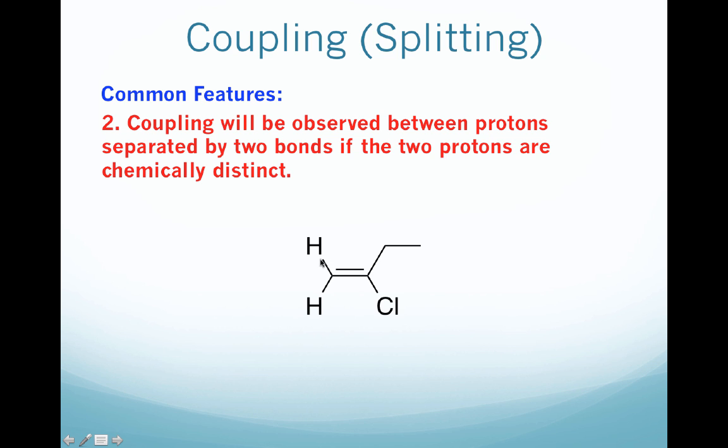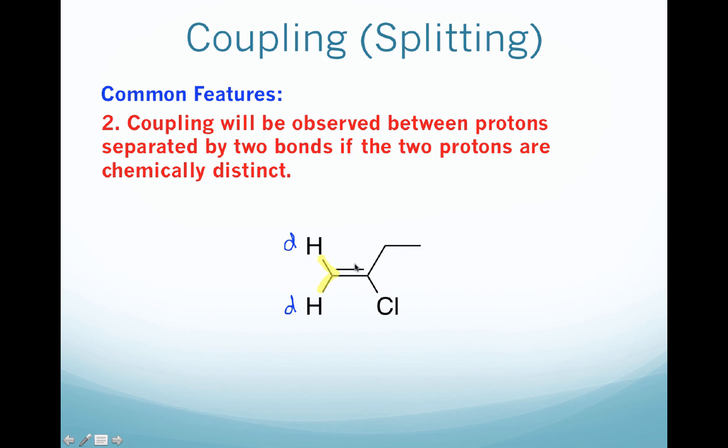So here we have an alkene, and these 2 terminal protons on the alkene, they're only separated by 2 bonds, but they are coupled to one another. So they each appear as a doublet. This one is a doublet because it's coupled with this one, and this one is a doublet because it's coupled with the other one.